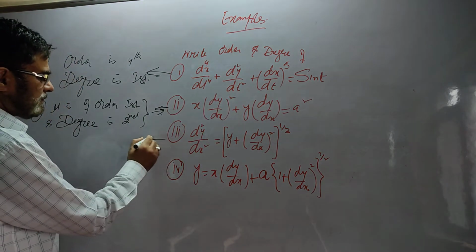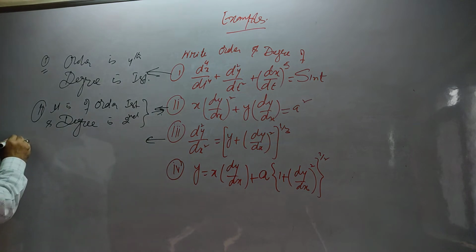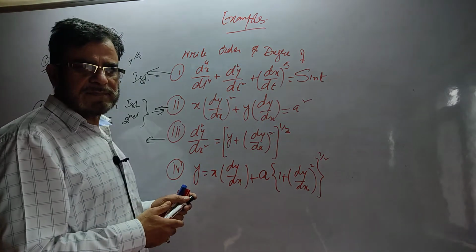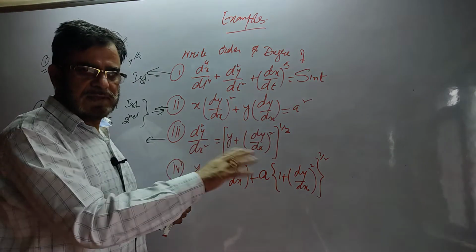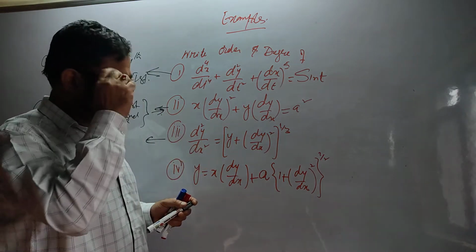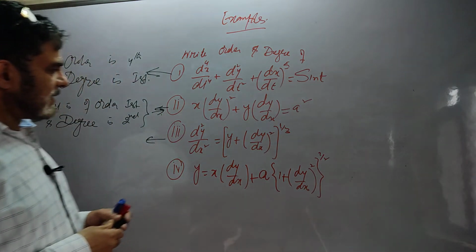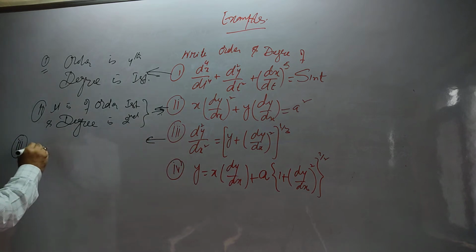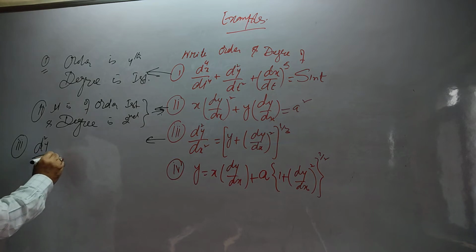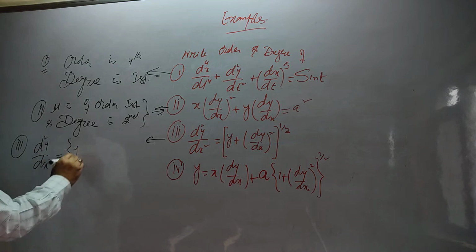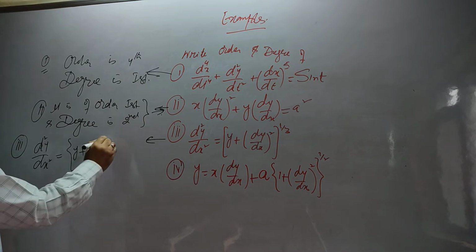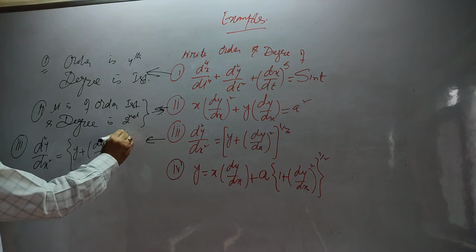Let us come to the third differential equation. You see, it has a fractional power. I have to first get rid of this and write the equation free of the fractional power. It is very simple. My equation is d2y by dx square is equal to (y plus dy by dx square) raised to power 1 by 3.